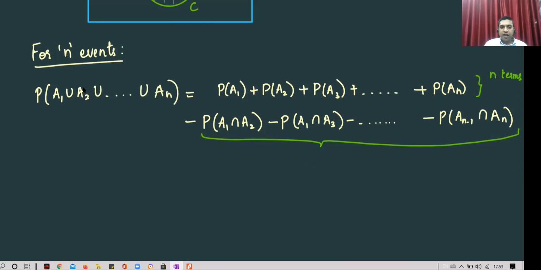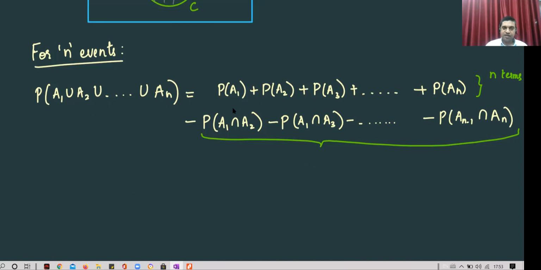No. N minus 1 if you take only A1 A2, A1 A3, A1 A4, so on up to A1 AN. But then after that you have A2 A3, A2 A4, A2 A5, A2 AN. Then you will have A3 A4, A3 A5, so on.